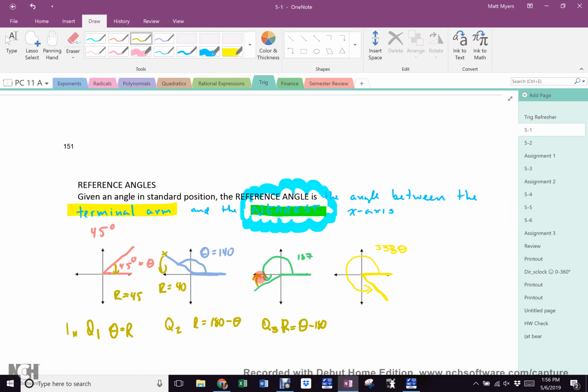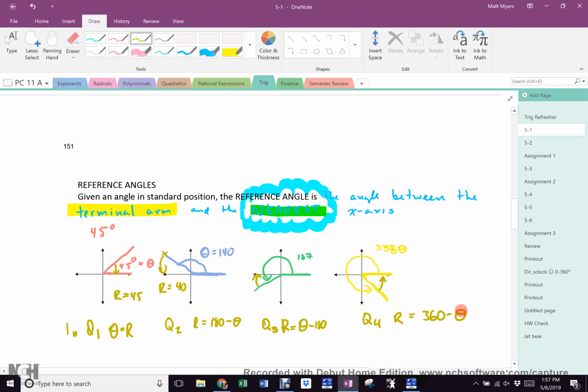Where's the reference? Right there. And in quadrant 4, what's the reference angle? How do you know how far that is? 360 minus theta.